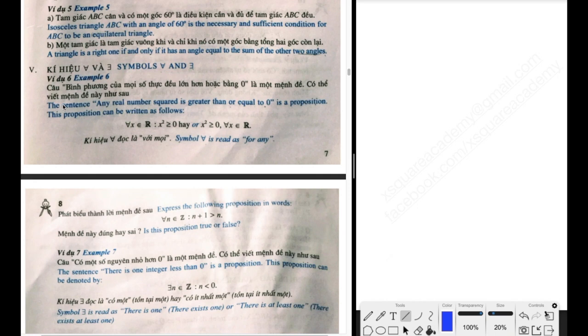Example 6. The sentence "any real number x squared is greater than or equal to 0" is a proposition. This proposition can be written as follows.